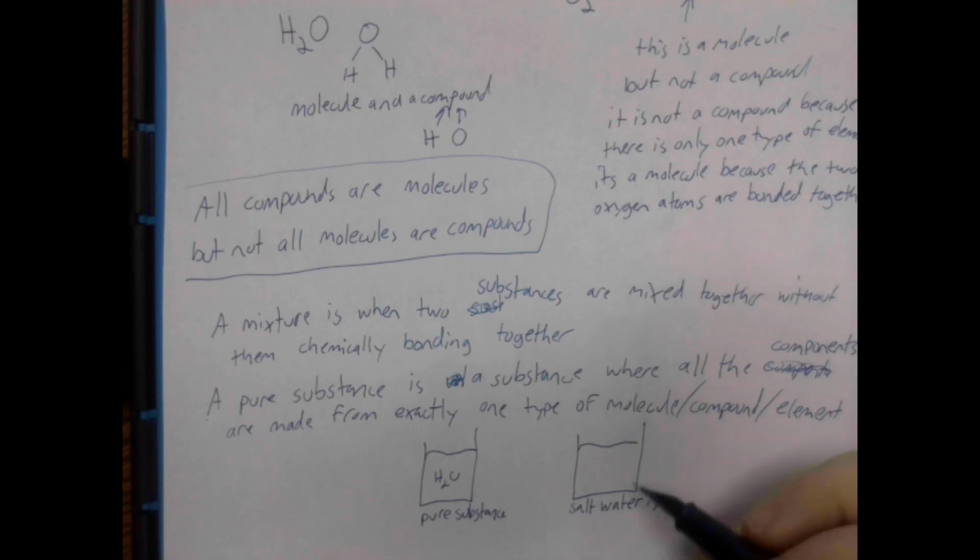It's not pure. Salt water is a mixture. How do you get pure water? By removing everything, it's very difficult. Salt water is a mixture because it has in it salt, which is NaCl, and H2O. The salt and the water aren't chemically bonded together, so it's a mixture.